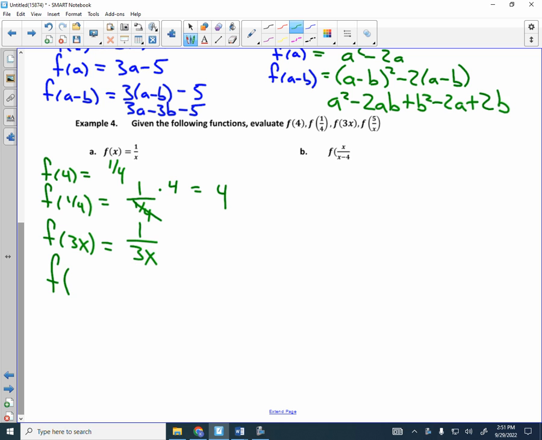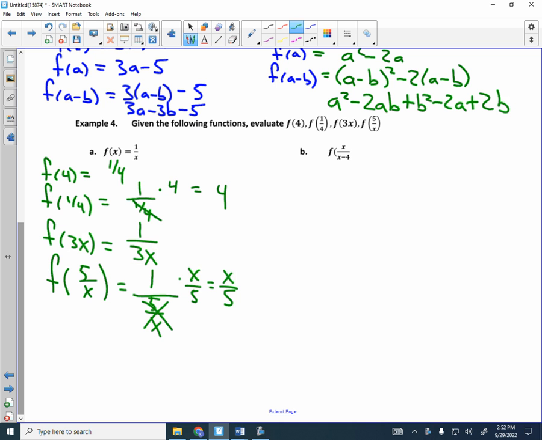The next one, I plug in 5 over x. Yep, so I have 1 over 5 over x. Is that allowed? No. So you multiply by the reciprocal, which is x over 5, and we get x over 5. Are you okay with that?